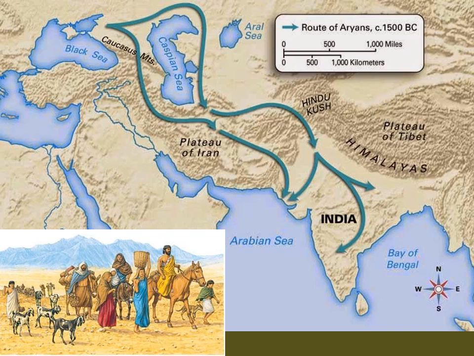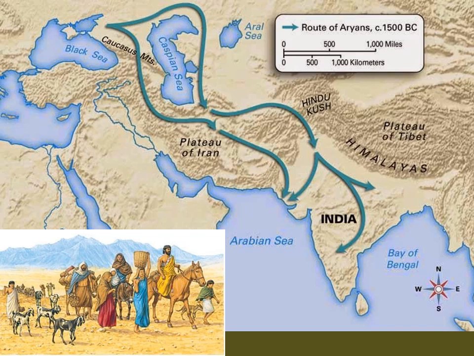Yeah, and they are a people who originally belonged to a region somewhere in Central Asia, in Eastern Europe, in Eastern Turkey, Southern Russia, Northern Iran region. And they were very different from the original people of the Indus Valley civilization, which we've talked about earlier on.